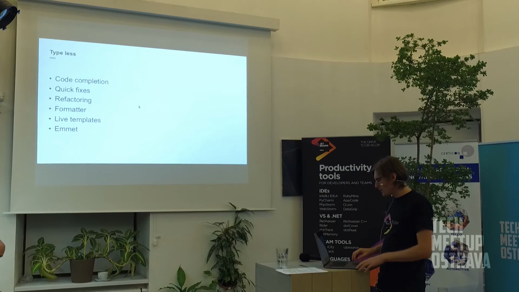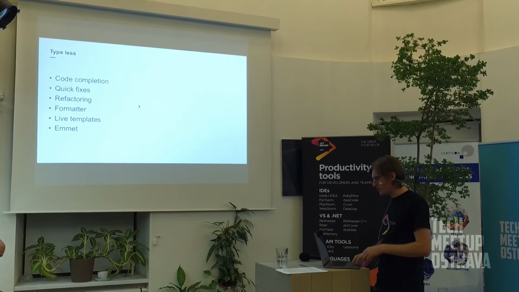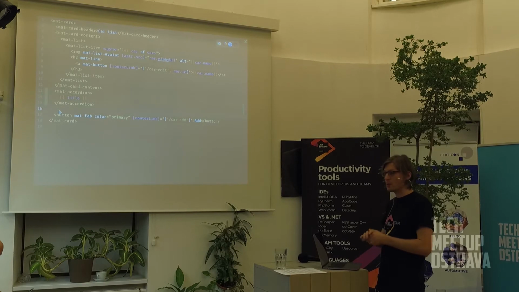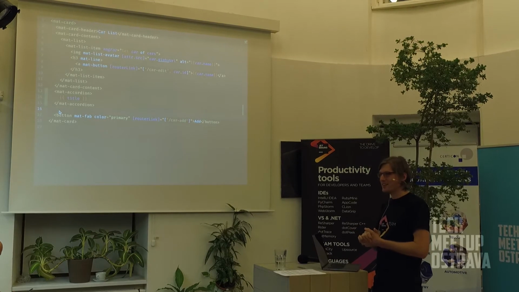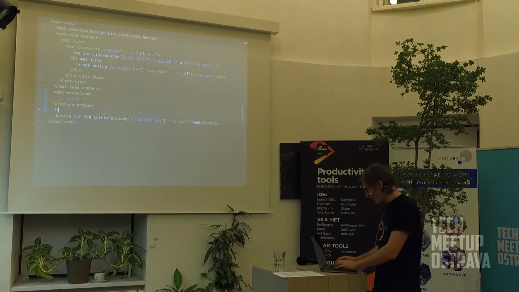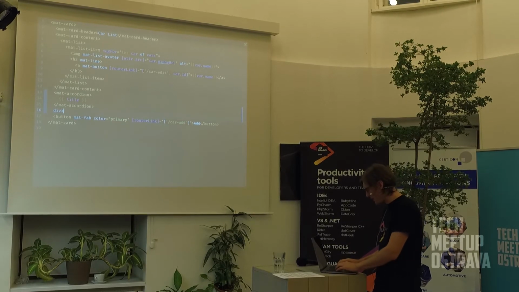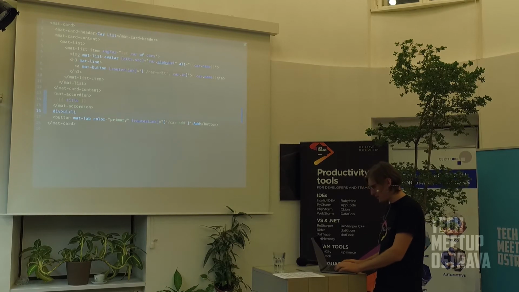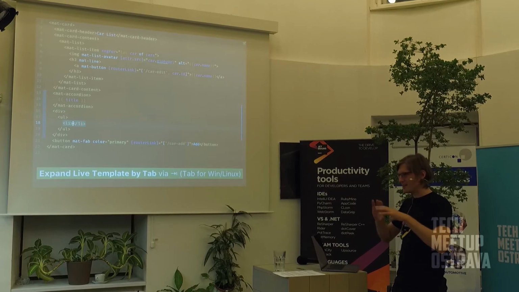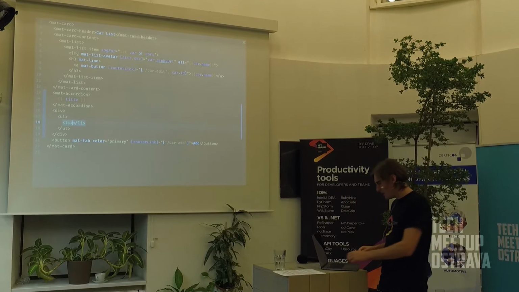Okay, there are also things like live templates, Emmet. Are there any people using Emmet here? Cool. Some. So Emmet is a way to quickly create a set of tags from a simple CSS-like expressions.